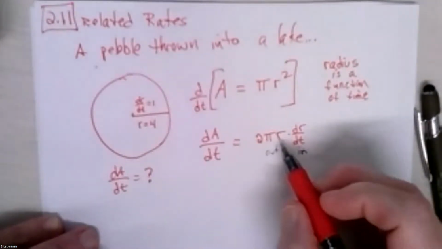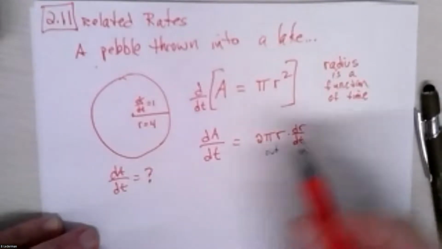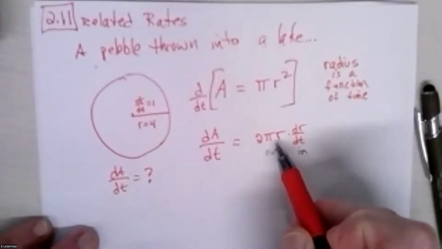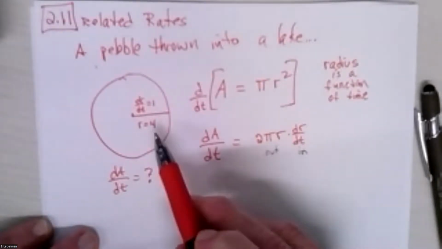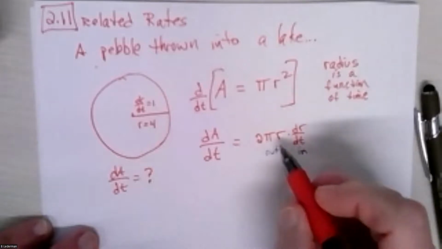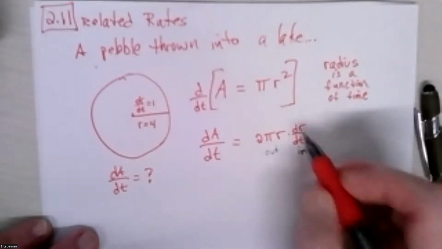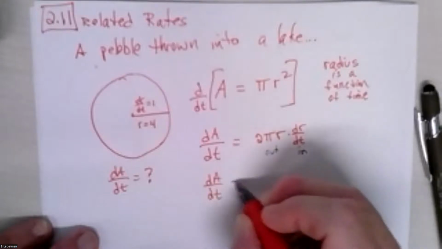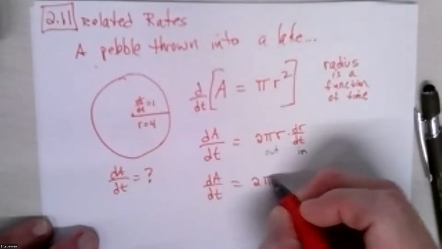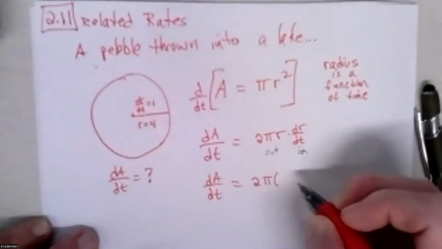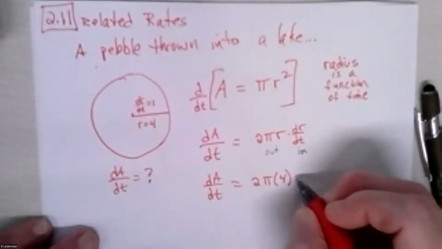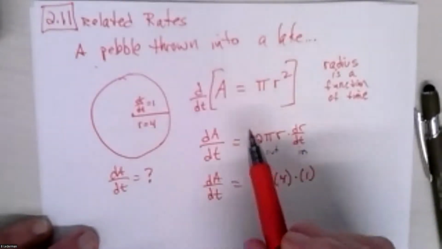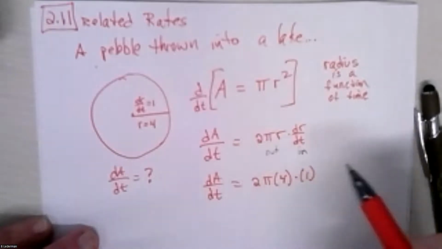Well, dr/dt is given to me. It equals 1. We want the radius. The radius is constantly changing, but we're looking at the moment when the radius is 4. So I'm just going to plug in 4 and 1 and crunch it out. dA/dt equals 2 pi times 4 times 1, because 4 and 1 were given to us.